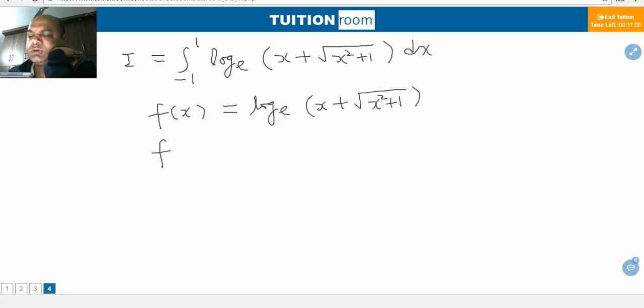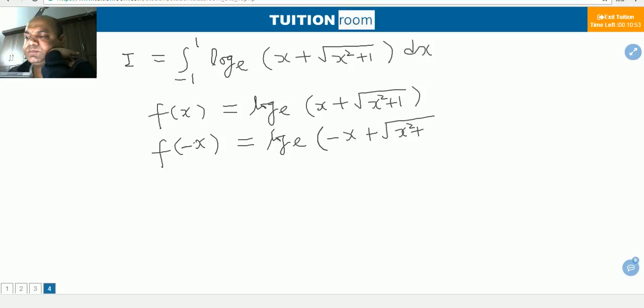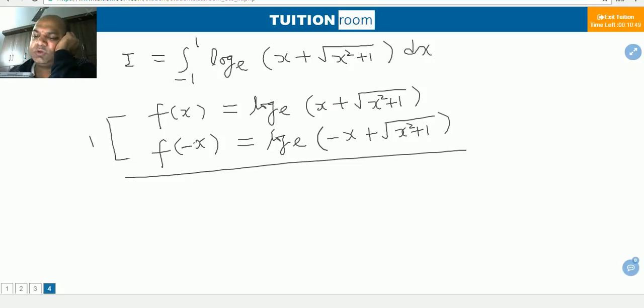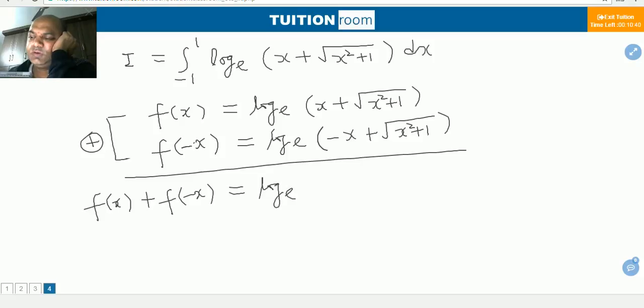This is very important: to know the basic laws of the logarithm. If you don't know the basic laws of the logarithm, I request you to ask your school teacher. Okay? And if we suppose this as a function f, then how can I proceed further? We can write integral from minus 1 to 1 of f x dx as 0 to 1.